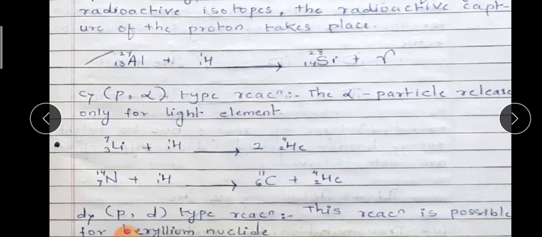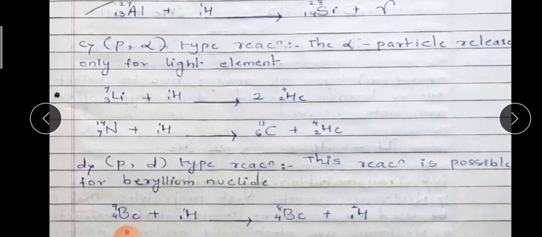Plus 1H1, it will give you 7 plus 1 is 8, 8 minus 2. Why am I subtracting 2? Because the alpha particle is ejected, and that's why 8 minus 2 is 6. 6 is the atomic number of carbon. That's why you will get carbon as a new daughter element.